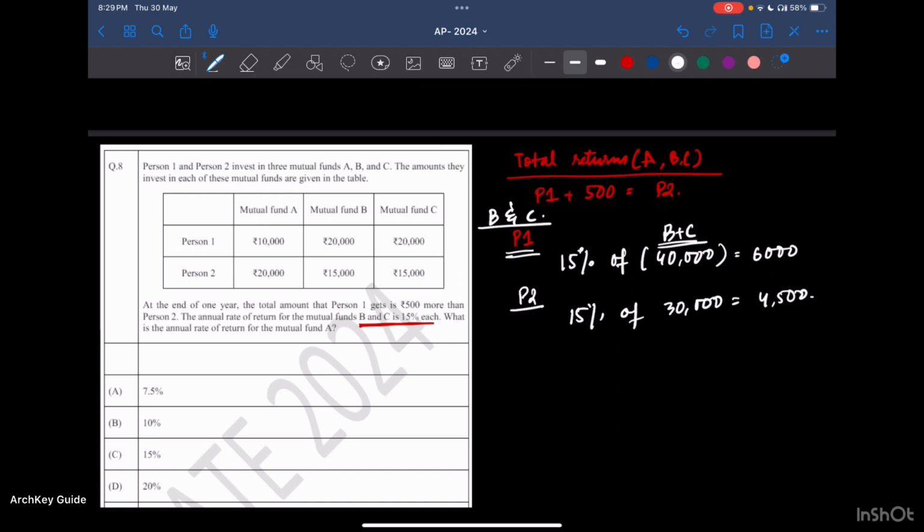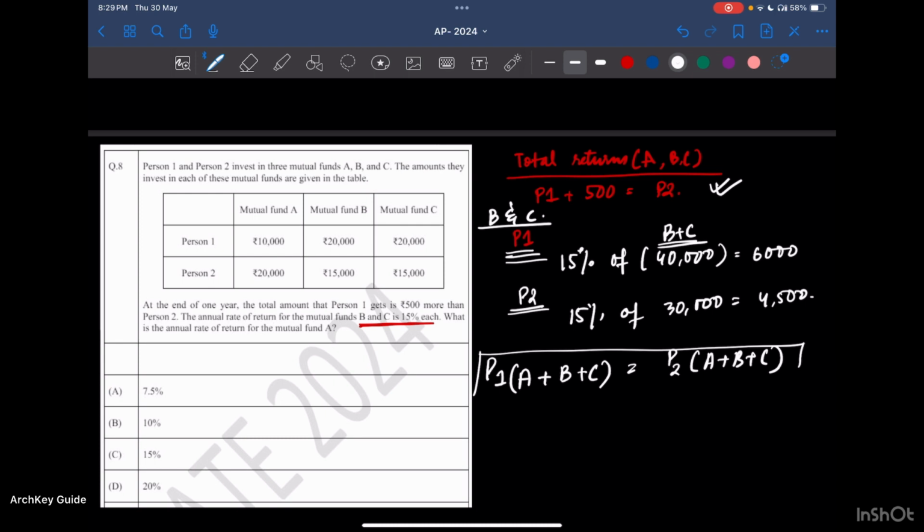Now for B and C, what do you understand by the whole statement of this? Total return is a combination of A plus B plus C for Person 1, and for Person 2 again A plus B plus C. This would have been the ideal case. But what did they say? That Person 1 has 500 more.